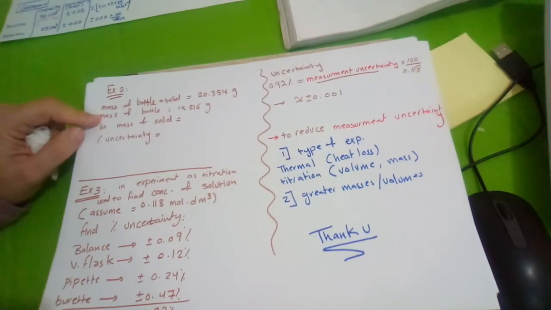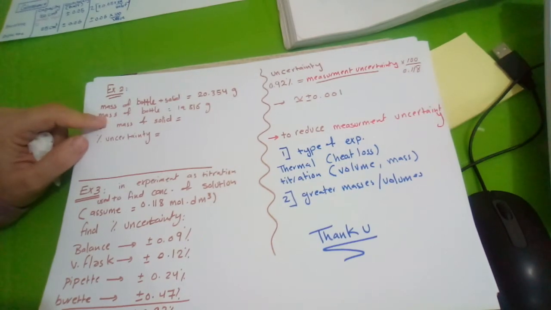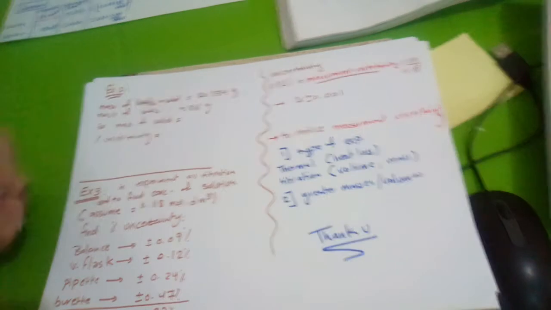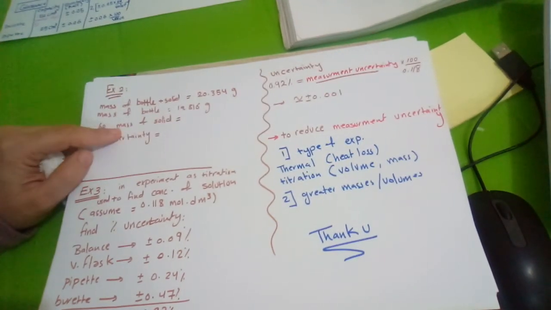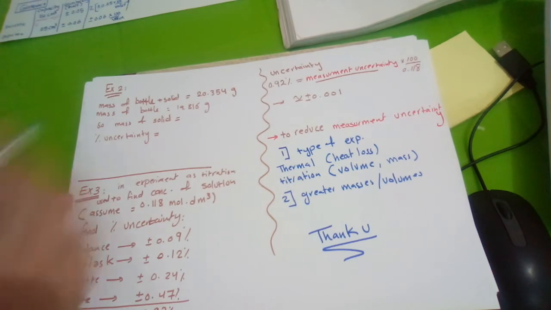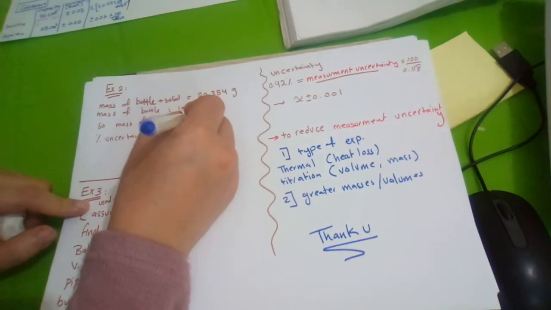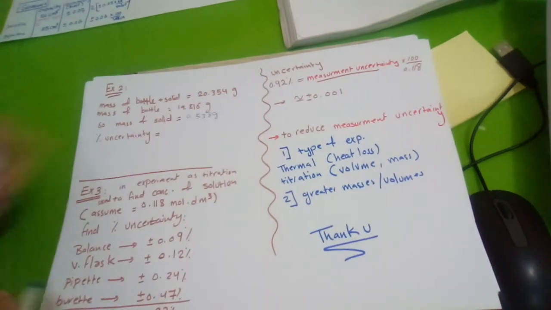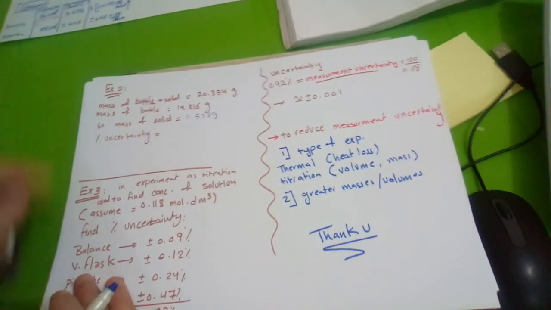Before that, we weighed the bottle when it was empty. It was 19.816 grams. In order to calculate the mass, I will subtract these values from each other, and it will give me 0.538 grams. This is the mass of a solid.